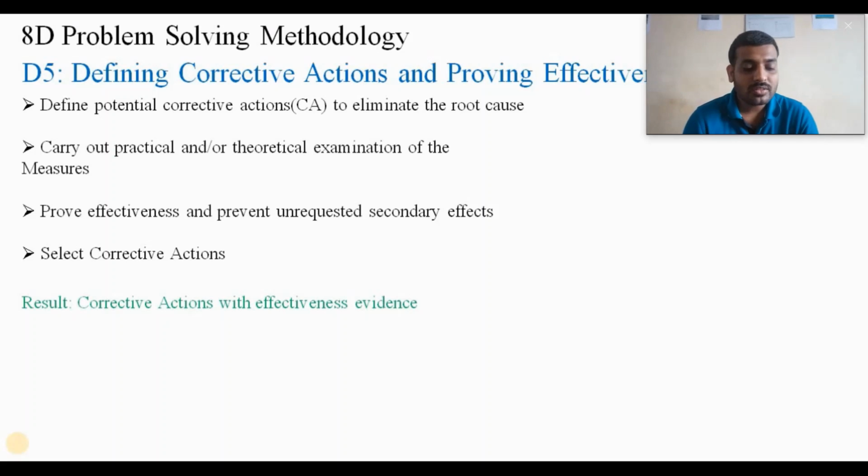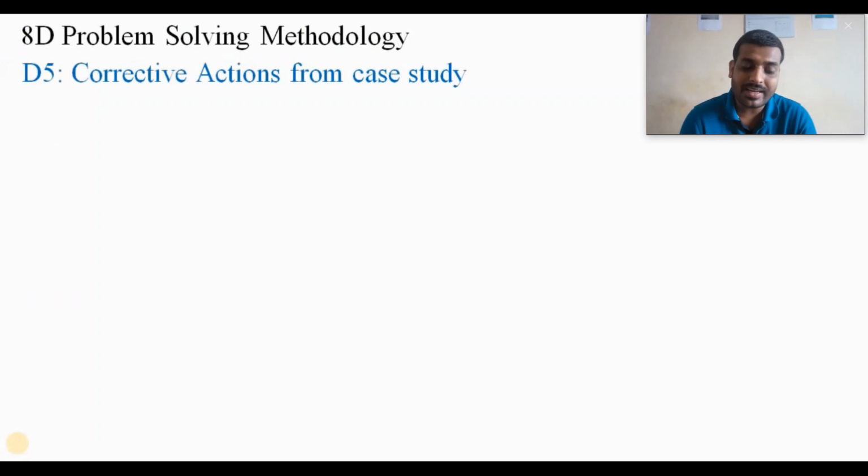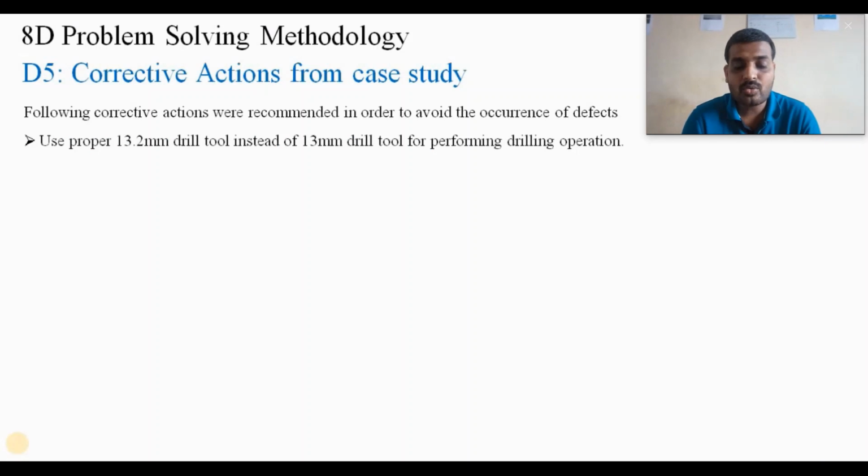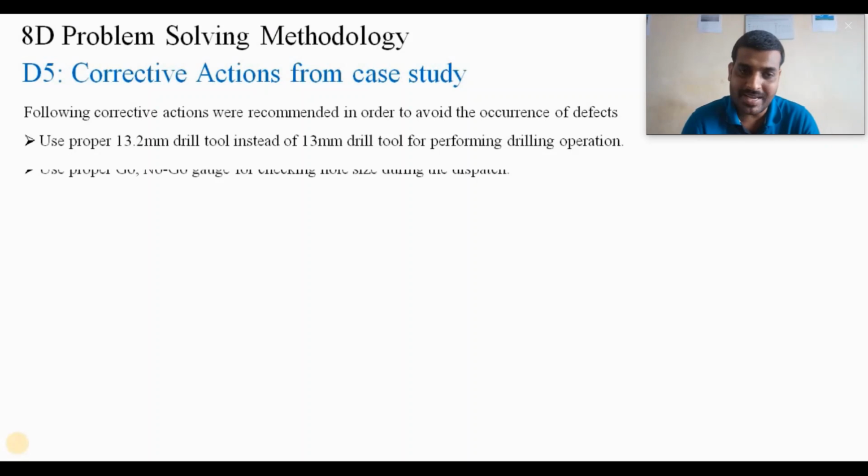The following corrective actions were recommended in order to avoid the occurrence of the defect. The use of the proper 13.2 mm drill tool instead of the 13 mm drill tool for performing the drilling operation. Then use of the proper no-go gauge for checking hole size during dispatch.